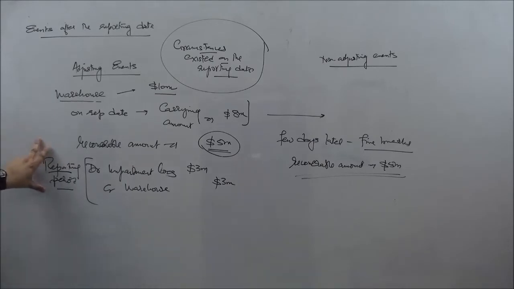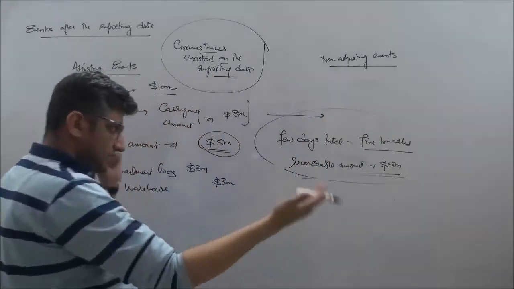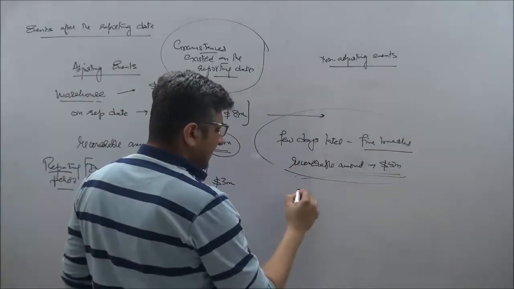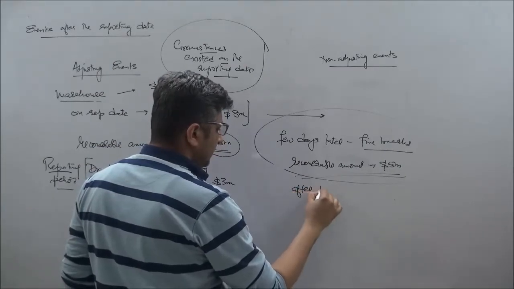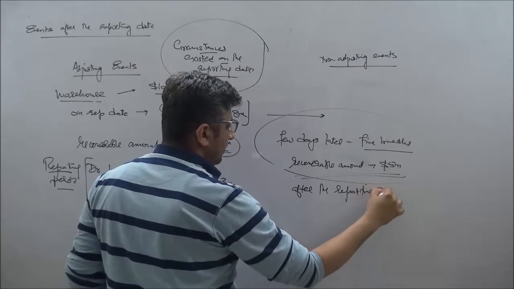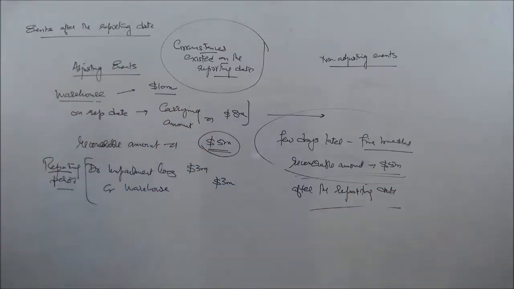You're making this adjustment during that reporting period by bringing the value of that warehouse down by $3 million. But in this case, this adjustment, which is the loss, is only put in the financial statements after the reporting date, for example. All right.